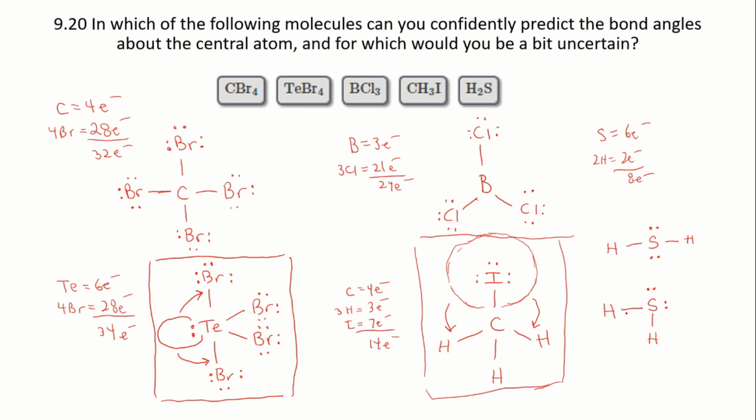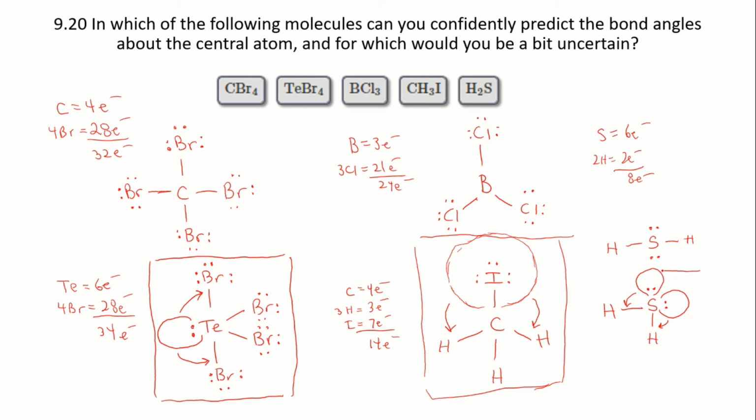We'd expect the bond angles to be 109.5 degrees, but again, these lone pair electrons take up much more space than bonded electrons, so they're going to push these two hydrogens closer together. So this bond angle, instead of being 109, might, like in water, for example, it's 104.5 degrees.